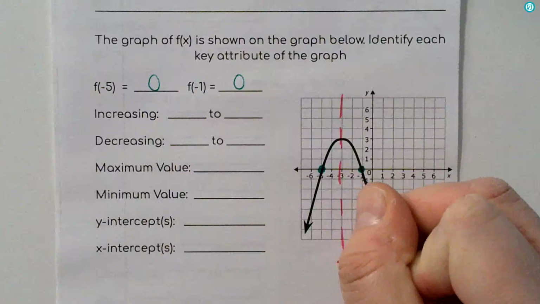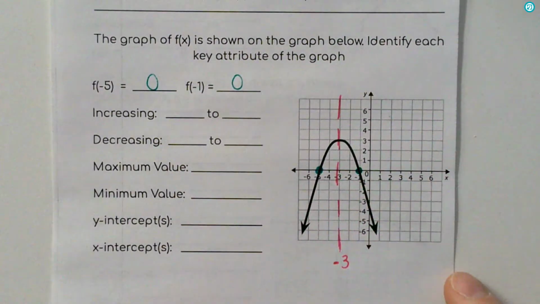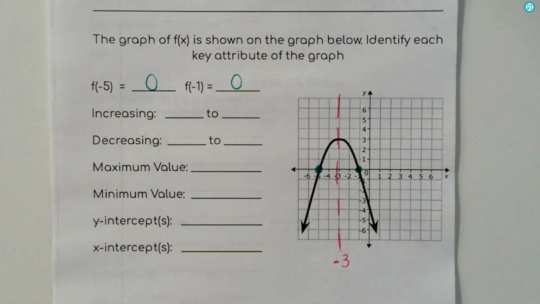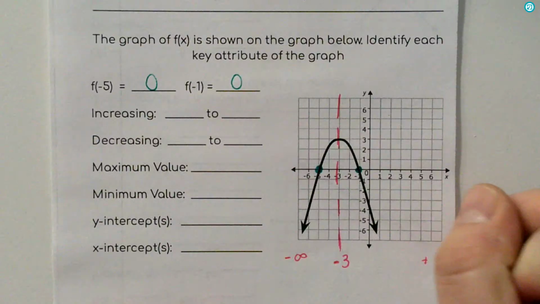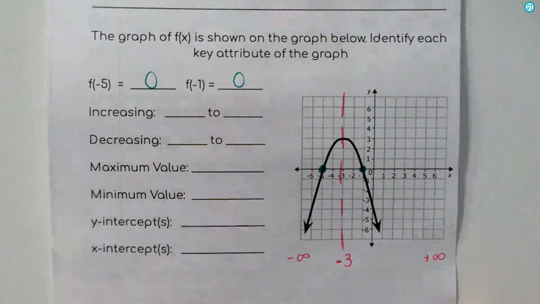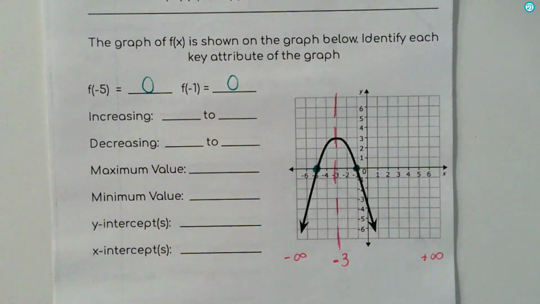So I want you to label that as -3. Then your other two labels are always going to be -infinity on the left and positive infinity on the right, because we always go from left to right, from negative infinity to positive infinity.